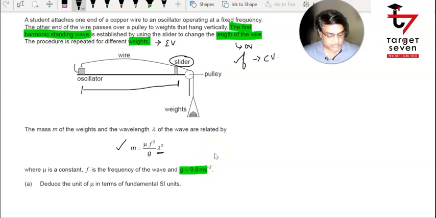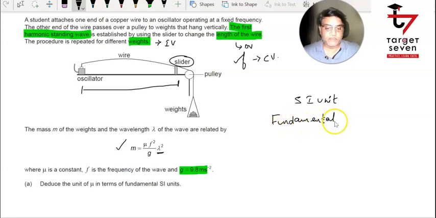Now, very often the question could actually be a bit misleading. We need to differentiate between the SI unit and the fundamental SI unit. Now let me try to differentiate between the two of them. If you look at the unit of force, the SI unit of force is Newton, but the fundamental SI unit of force is not Newton.